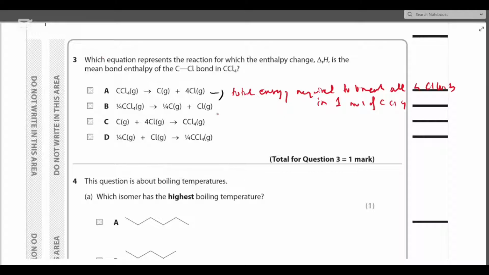If I talk about the next one down here, this makes sense because this equation represents the breaking of one C-Cl bond, as it takes 1/4 of a molecule of CCl4. So the enthalpy change here corresponds to the mean bond enthalpy of a single C-Cl bond.